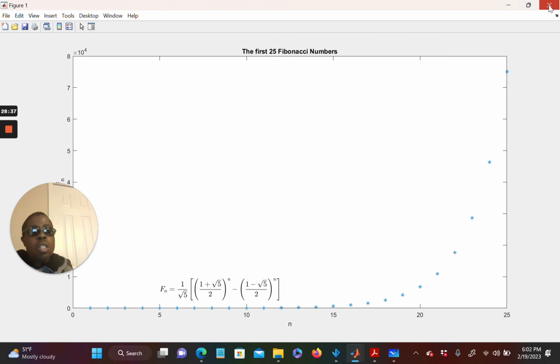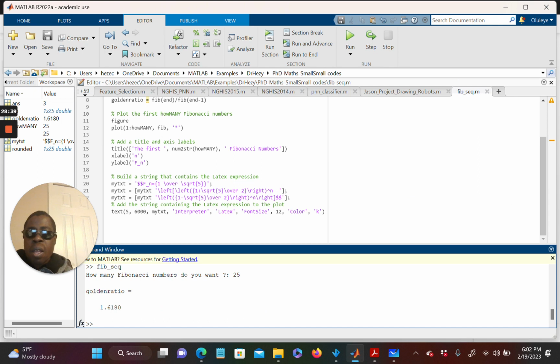And if I want to display the numbers out, look at the golden ratio. I told you. Now let me try the golden ratio here: 1 plus square root of 5, all divided by 2.